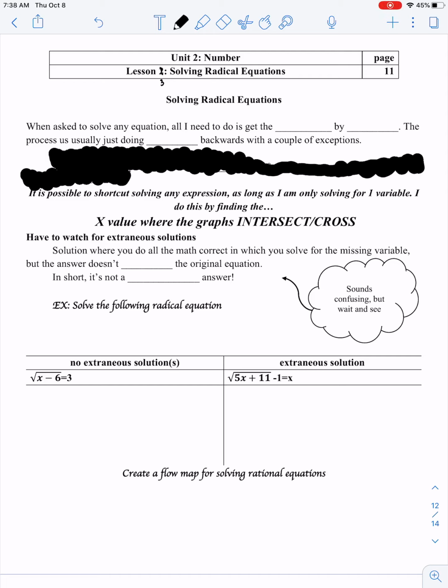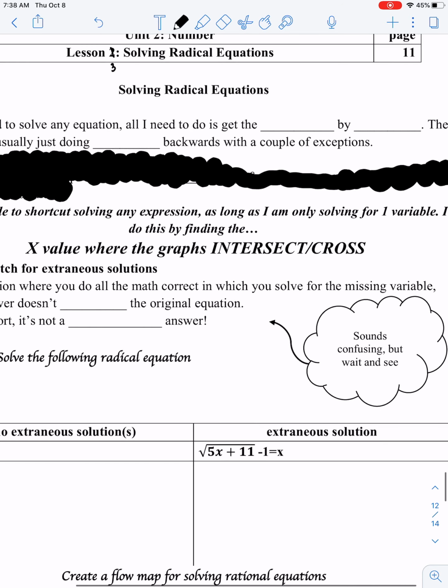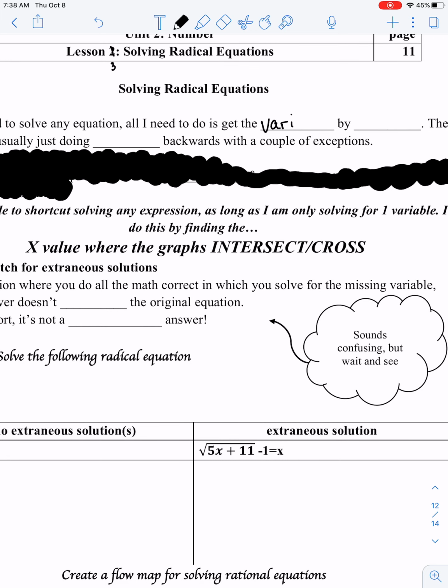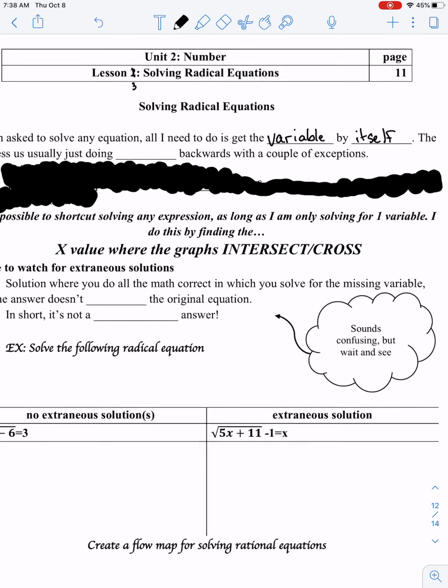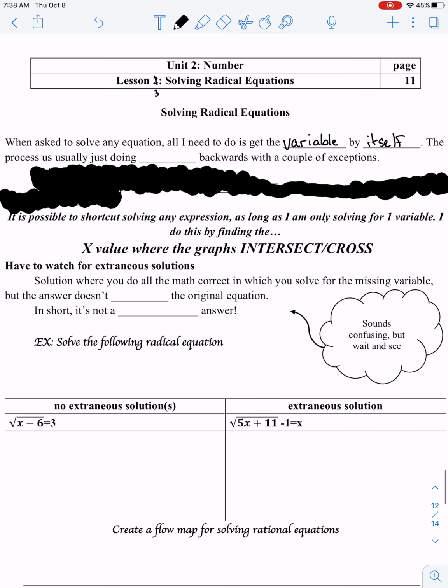Today we're going to look at how to solve radical equations. Radical equations, just like any equation, when you want to solve, you always want to get the variable by itself. The process is usually just doing PEMDAS backwards, with a couple exceptions.